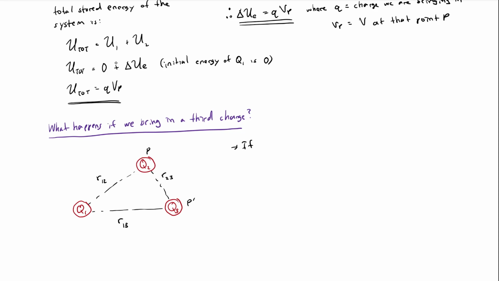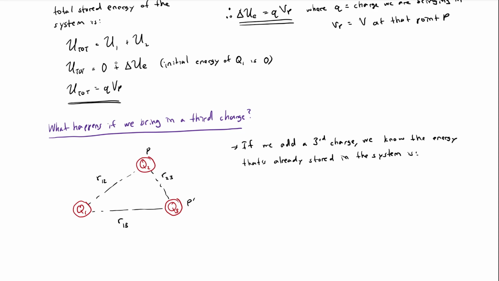So if we add a third charge, let me rephrase that. If we add in the third charge, we know that the energy that's already stored in the system comes from Q1 and Q2.